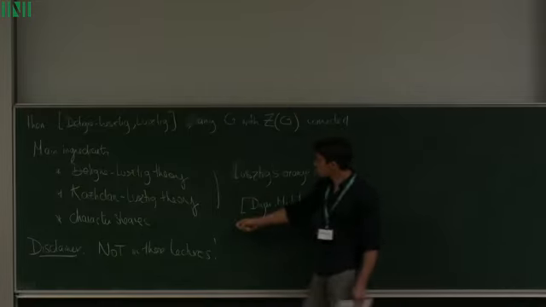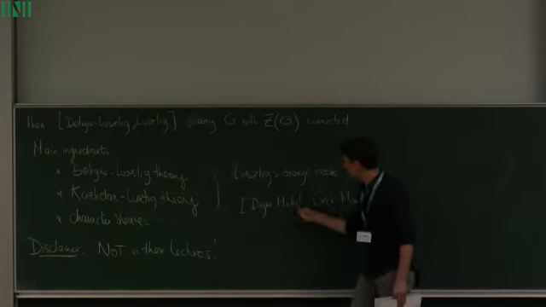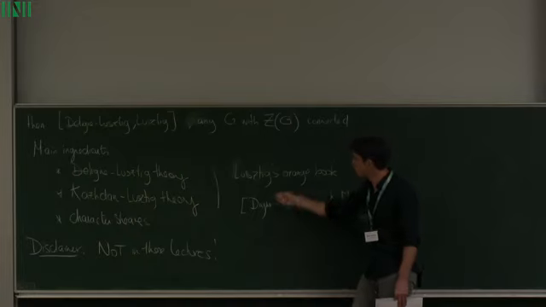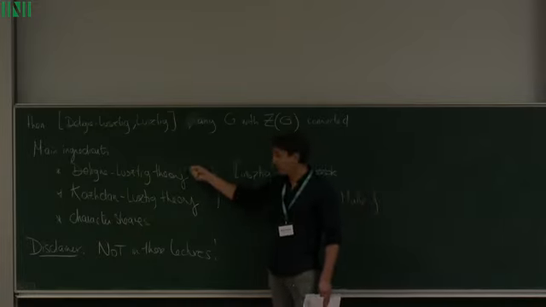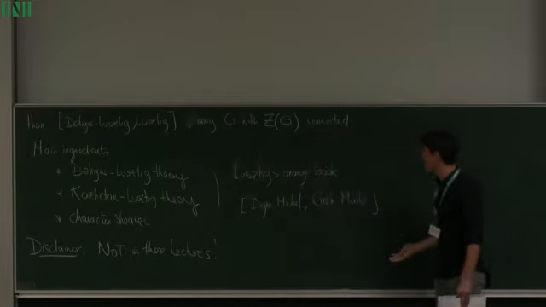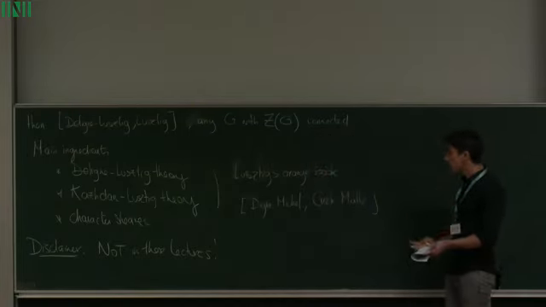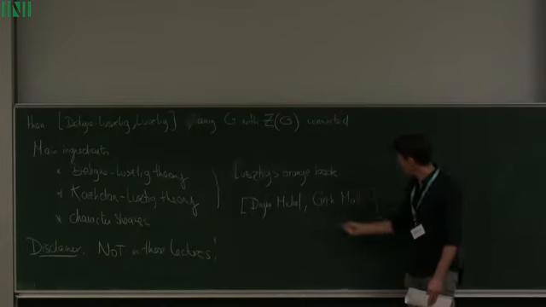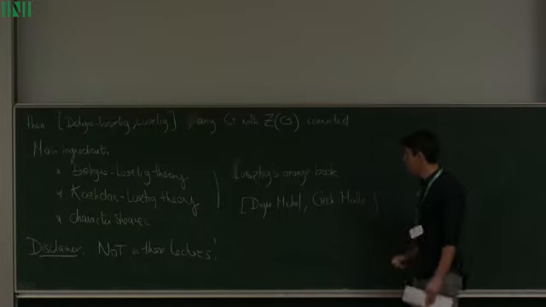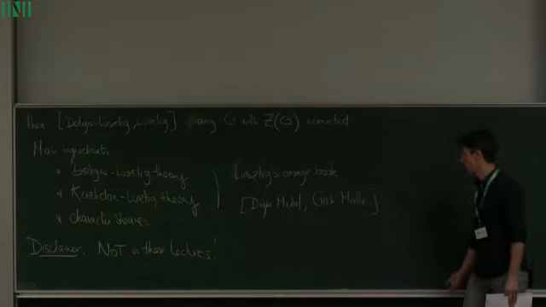So not so much is explained about Kazhdan-Lusztig theory and character sheaves in this book, but it's a fantastic book if you want to learn about finite reductive groups and understand the proofs behind everything that has to do with Lusztig theory and the Lusztig characters. But if you're not really interested in the details, but you want to use the results, you should really look at this book, which is going to appear by Meinolf and Gunter, which I think is also a great book. All right.